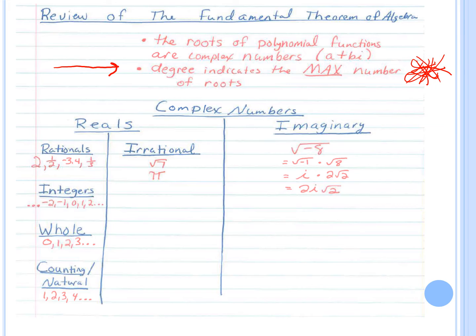We start with 1, 2, 3, 4. So that's kind of where they came up with the name counting numbers. But those are natural numbers. They start at 1. They're whole numbers, positive, all that good thing. So just keep that in mind as we go through this unit.